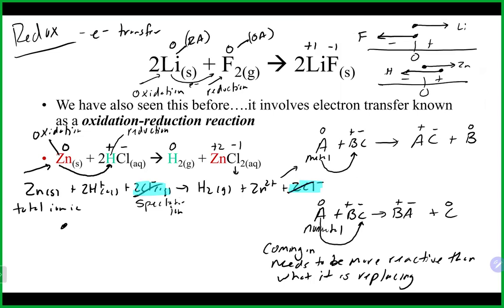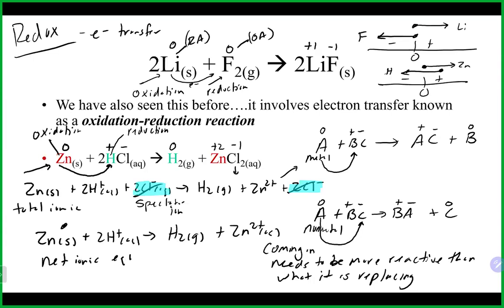They cancel out, and that leaves you your net ionic equation, which is zinc plus 2 H+ going to H2 and zinc here. And this is our net ionic equation. Now, sometimes people will ask, how come the zincs don't cancel out? And the reason the zincs don't cancel out is on the left-hand side, it is not an ion.